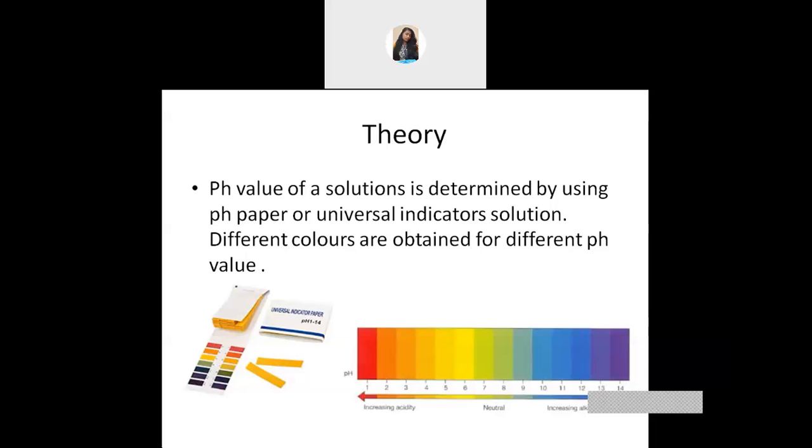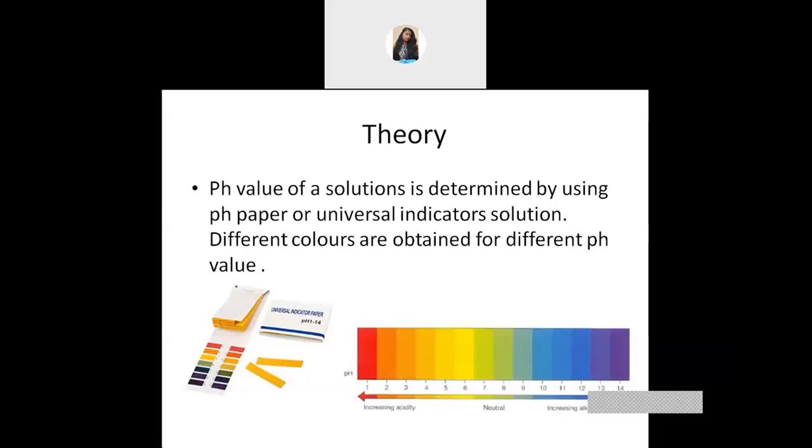For this experiment, you take a pH paper and dip it in the solution. For one solution you dip one pH paper, then you have to observe the color of the pH paper.